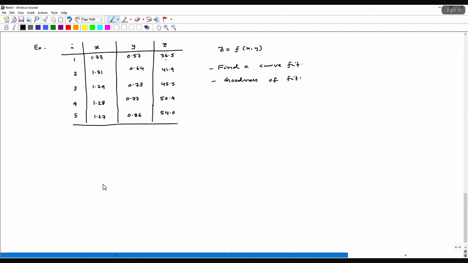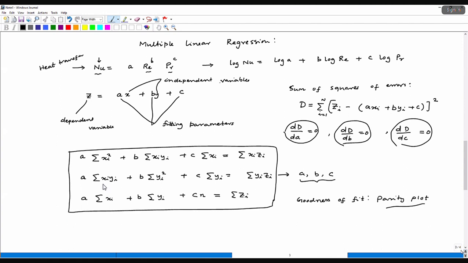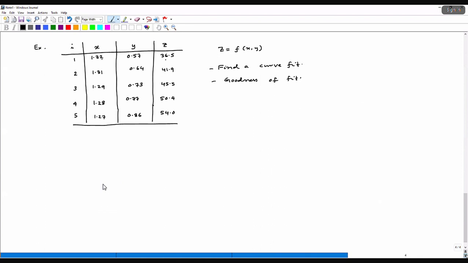So first of all, we need to find the curve fit. Using the formula that I just wrote, I'll have 3 equations and I can solve for A, B, C. If I solve for A, B, C, you can check for yourself that A will be minus 308, B will be 13, and C will be 435.